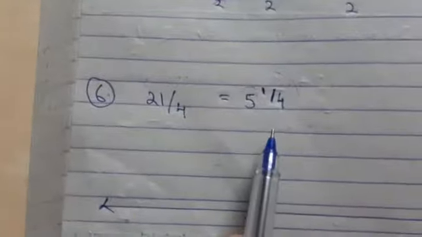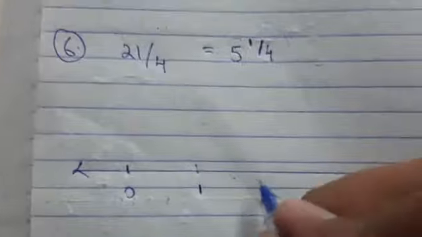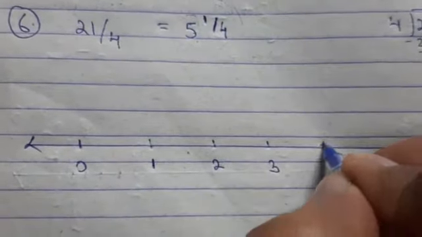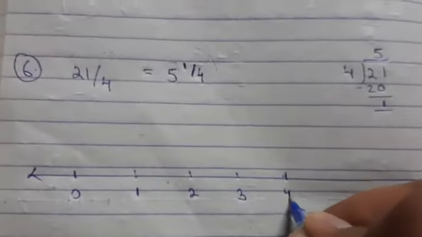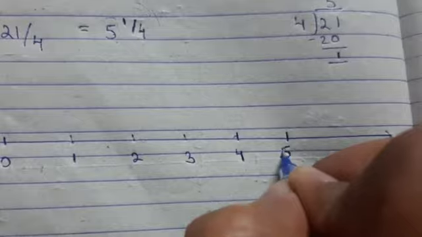Now since it is a positive number, I will take 0 from here only. 0, 1, 2, 3, 4 and 5.